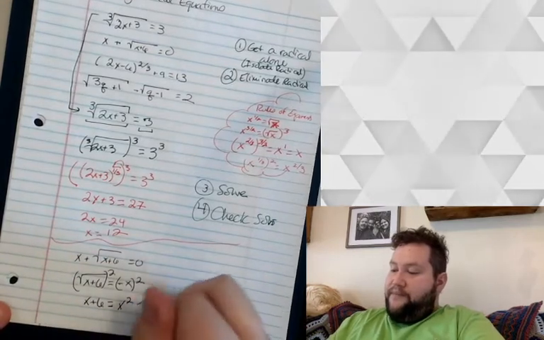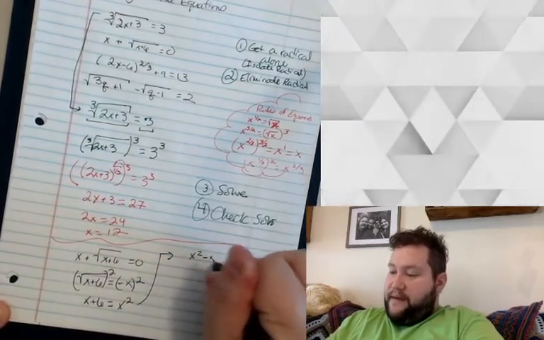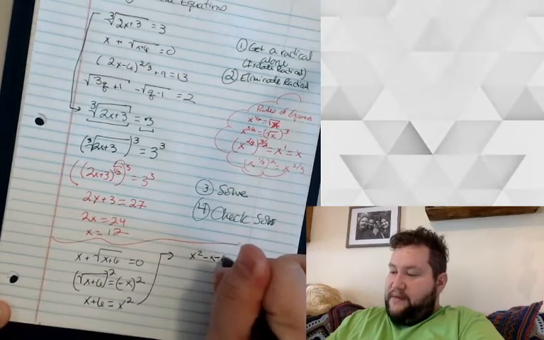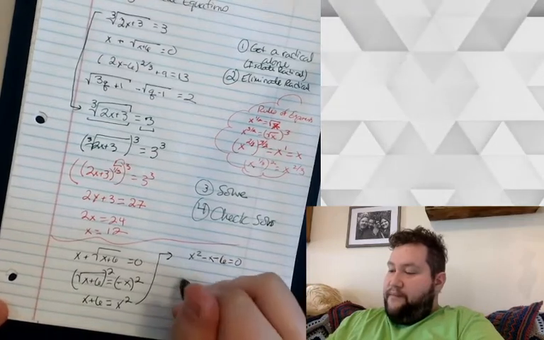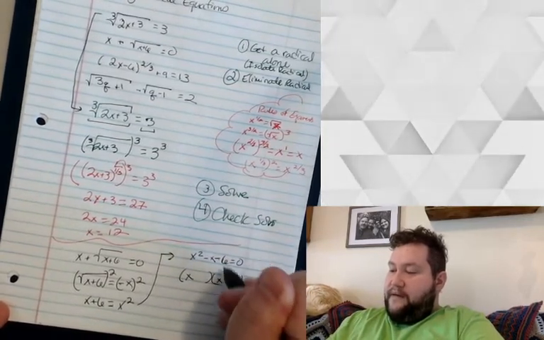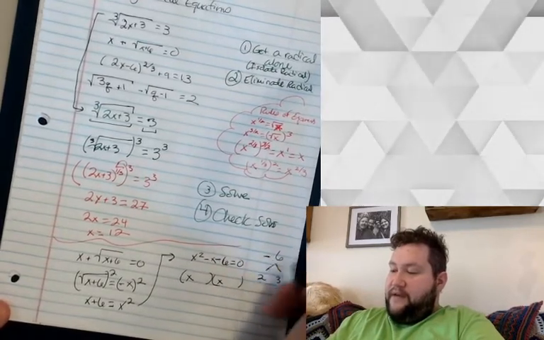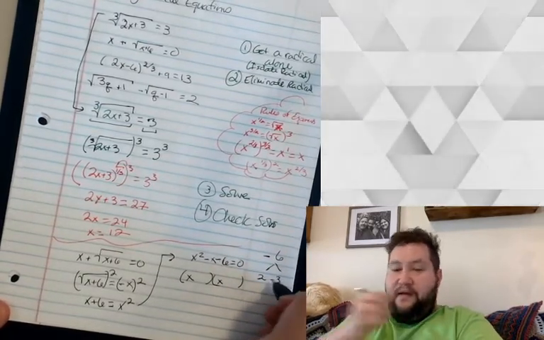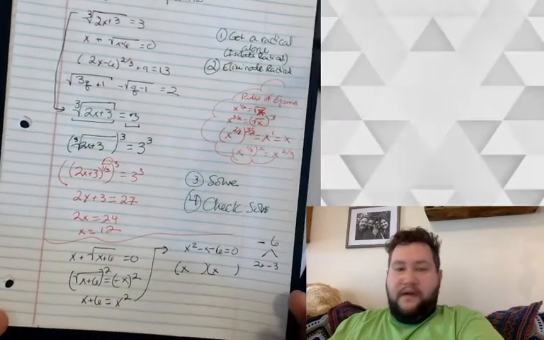So now we have x squared minus x minus 6 equals 0. Can we factor it? x and x, so we need negative 6's factors that when added together give us negative 1. So that's 2 and negative 3.